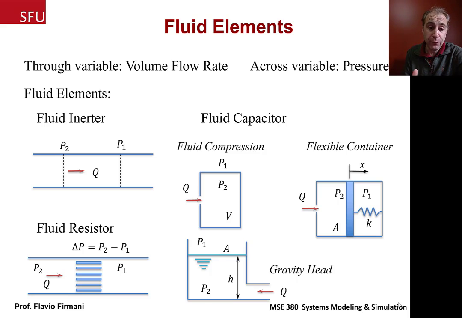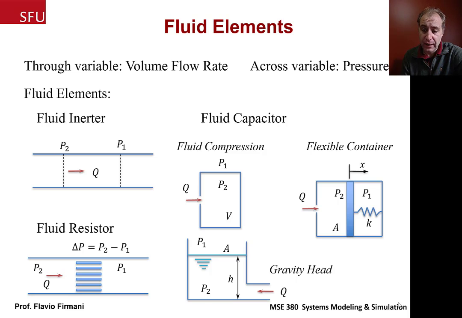We're going to have the fluid inerter, and the fluid inerter is equivalent to what the inductor is for an electrical system. Then we have the fluid capacitor, and for that we're going to have different types of capacitors. We can have just pure fluid compression.